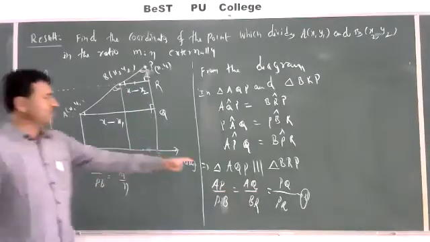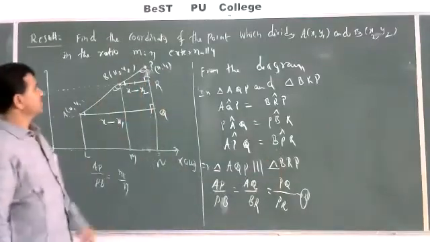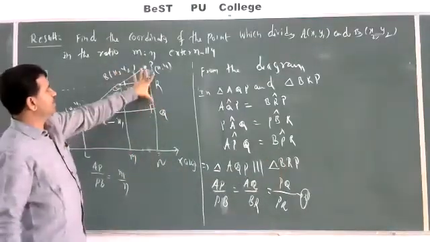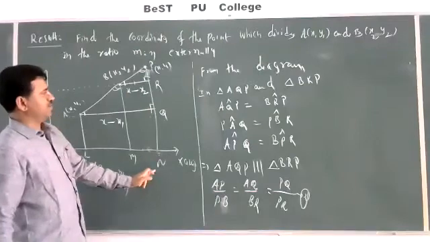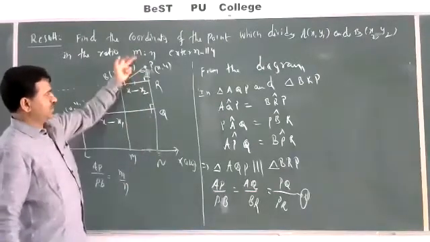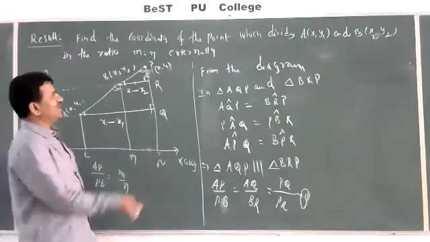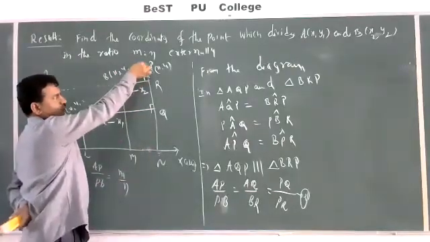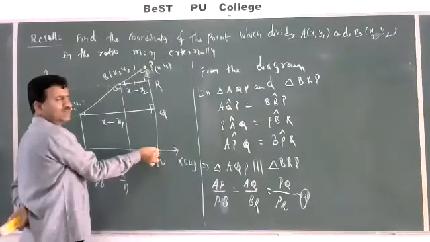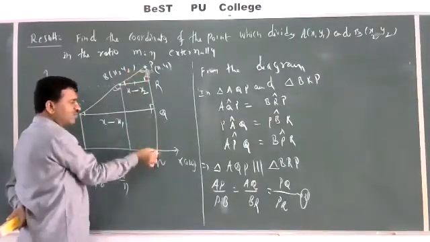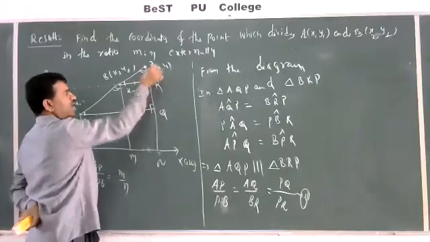Next, coming to the PQ. See the PQ, this distance. PQ is nothing but PN minus QN. What is PN? Perpendicular distance of the point from the x-axis is always the y coordinate.